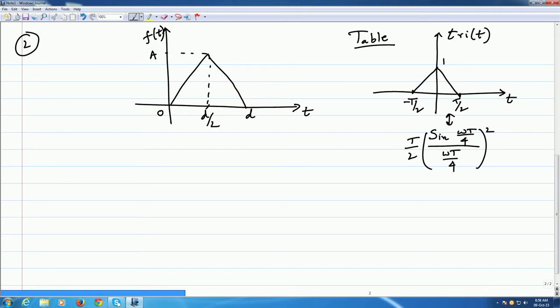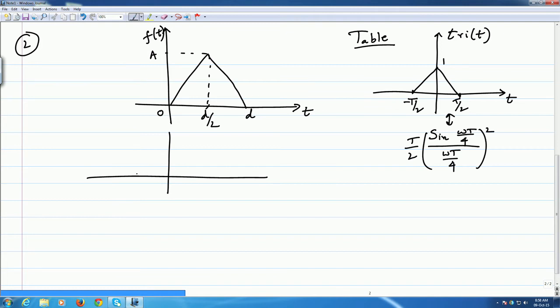Once you have this, it's a question of taking this f of t and moving it around so that you can write it in terms of triangle of t. So what you do first is write this f of t in terms of the triangle. If you move this triangle around to the origin, what do you get?